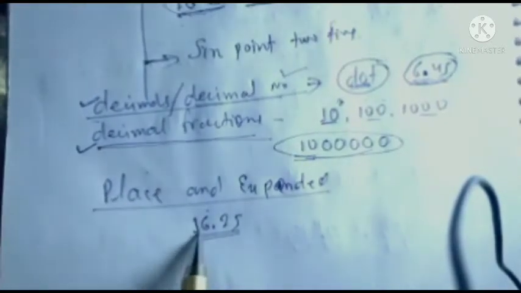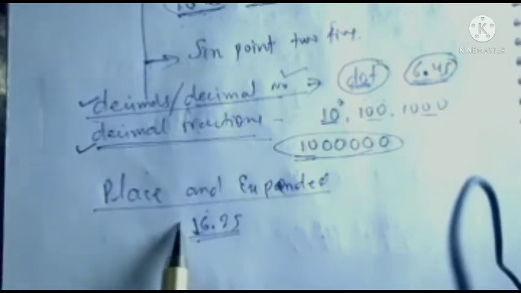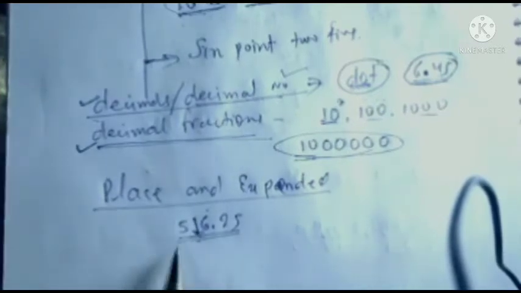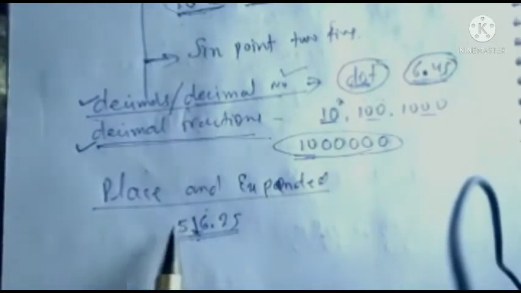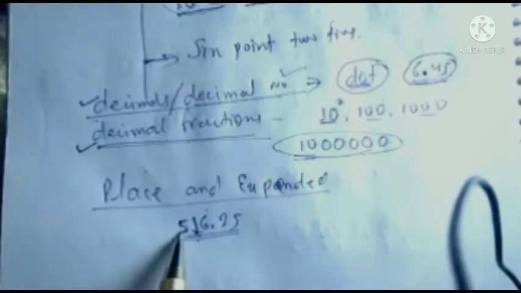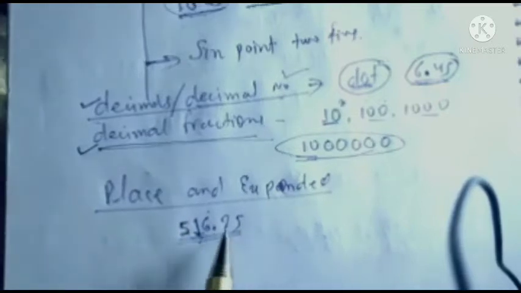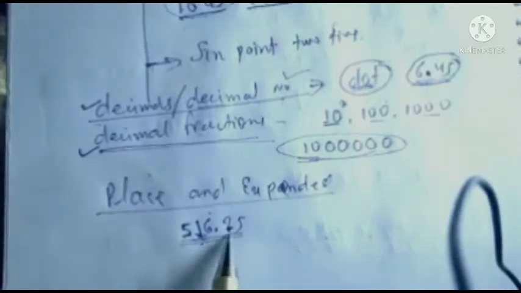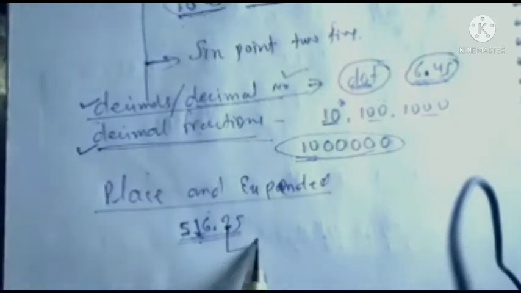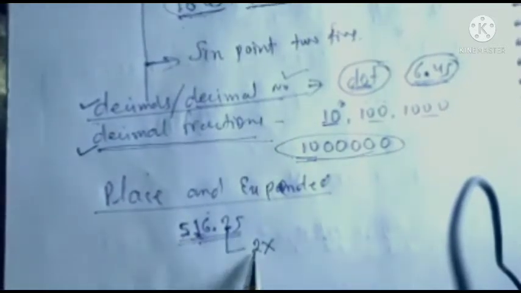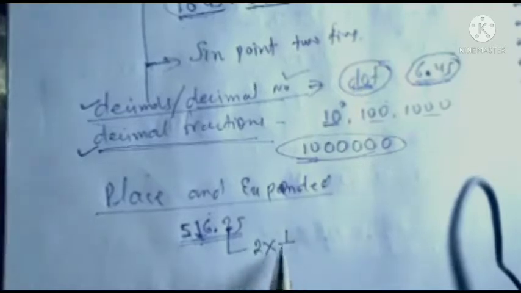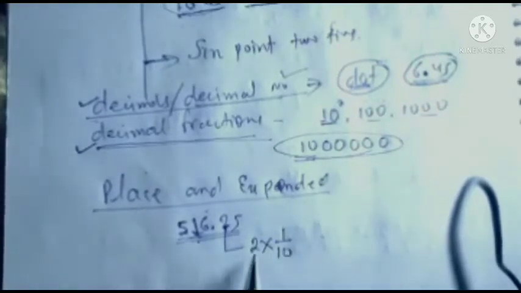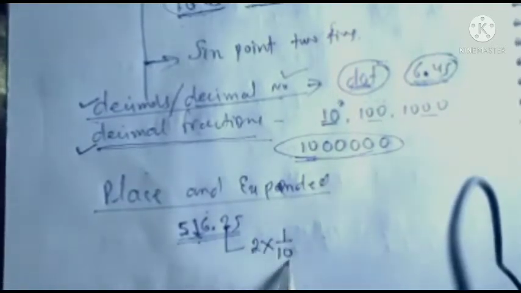The place value of 1 will be 10. The place value of 5 in the hundredths place, so 5 into 1/100. If the question asks about the place value of 2, then it will be 2 into the place of 2. What is the place of 2? The place of 2 is tenths, meaning 2 into 1/10.